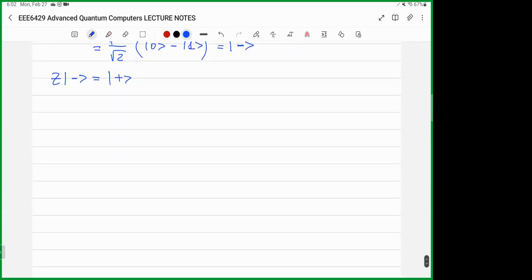And in the same way for the states plus I and minus I, I also get basically the flip of this state.